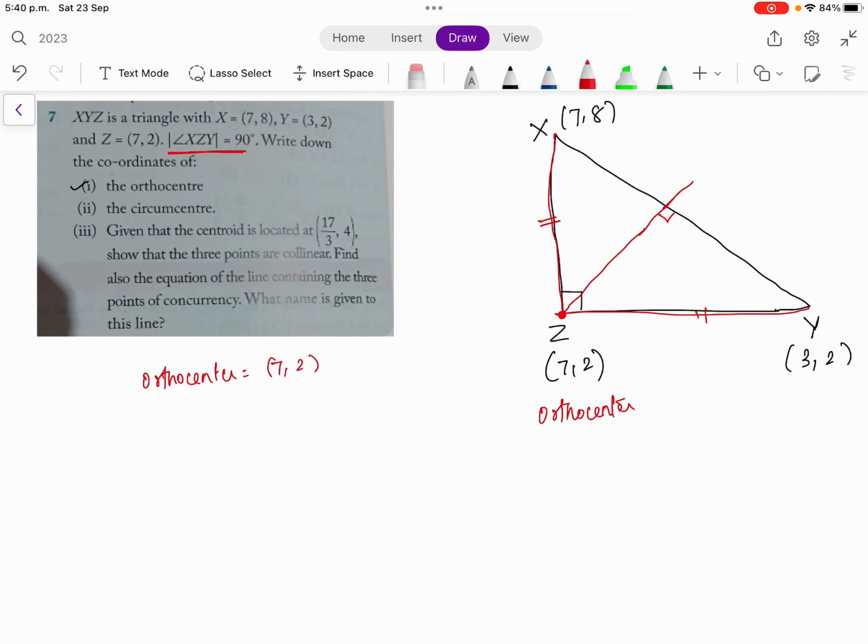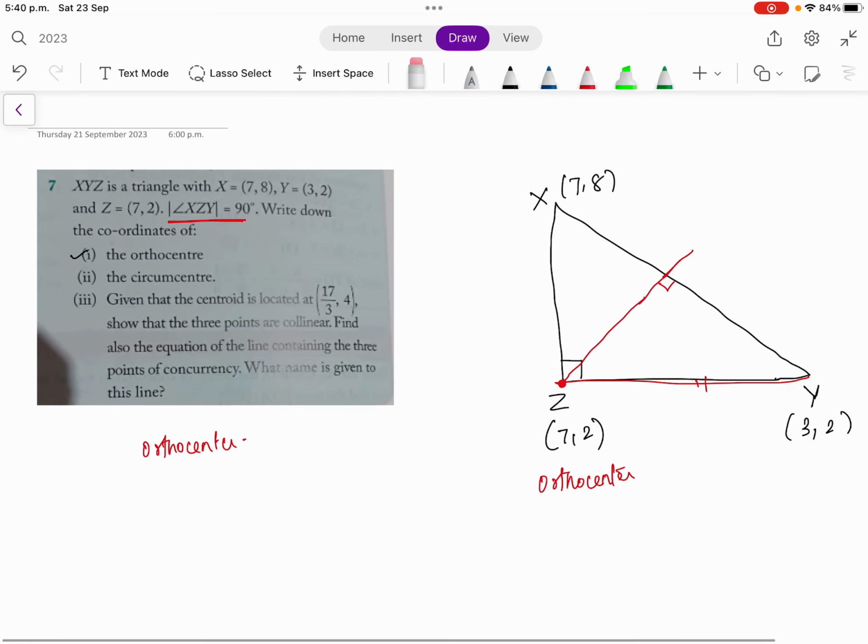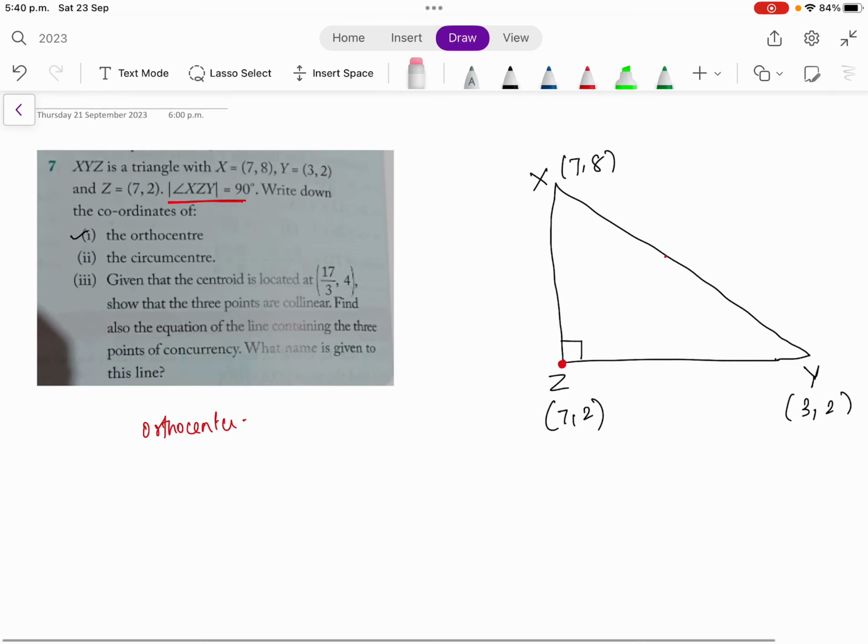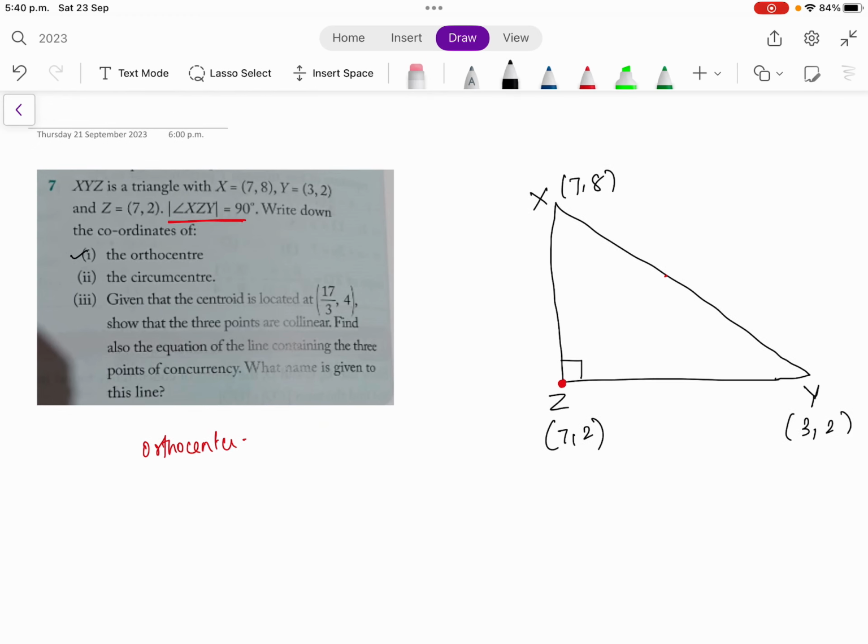Now to find the circumcenter, let me just erase all this. The circumcenter is the joining point of the perpendicular bisectors of the sides.